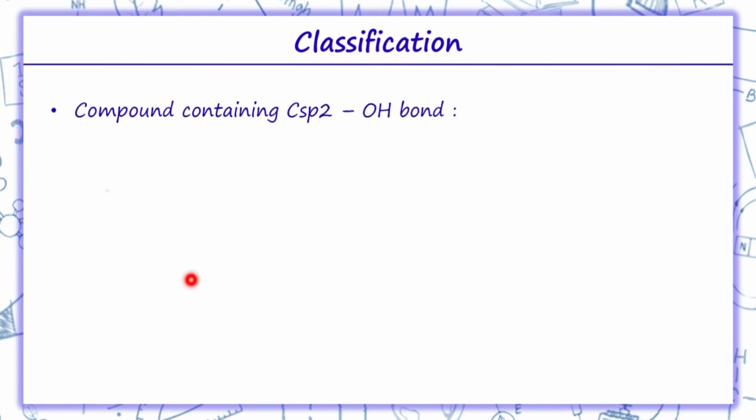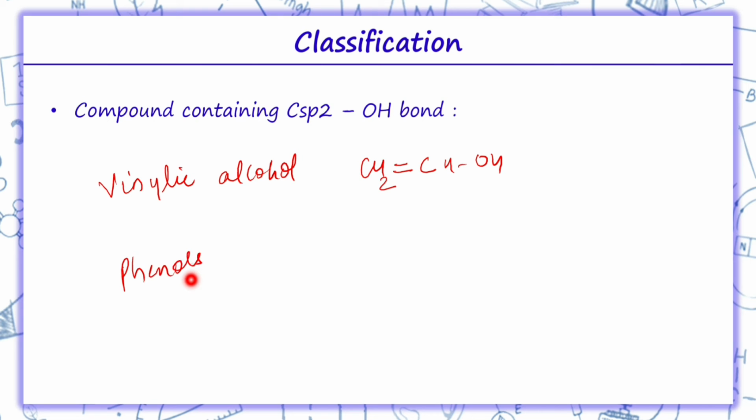The compound which contains sp2 hybridization is vinylic alcohol. Vinylic alcohol is the alcohol in which the OH group is attached to a double bonded carbon atom. Second is phenols. In phenols, the OH group is attached directly to the benzene ring. This is how alcohols and phenols are classified.